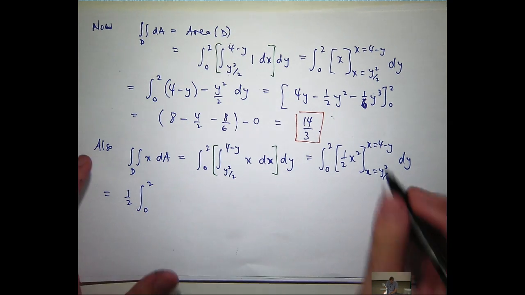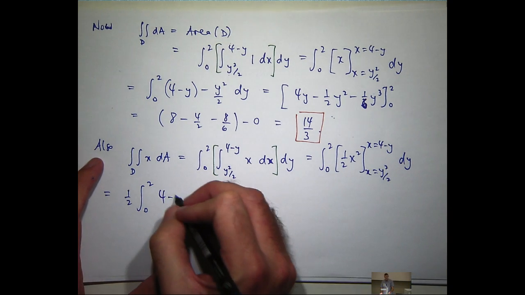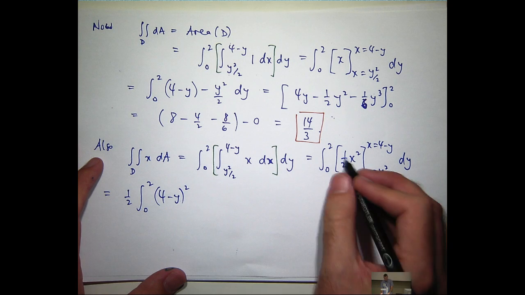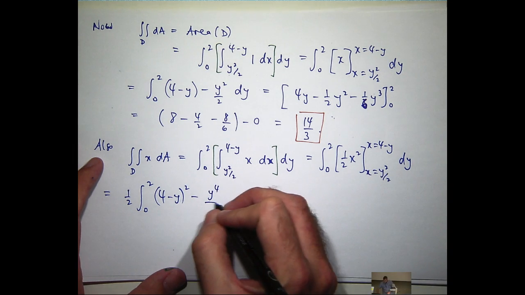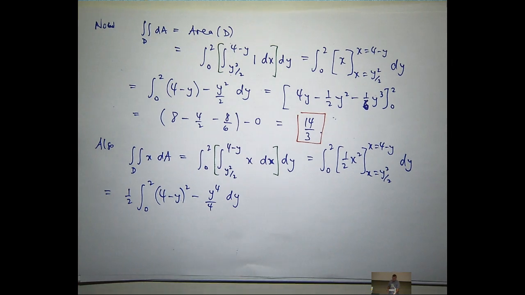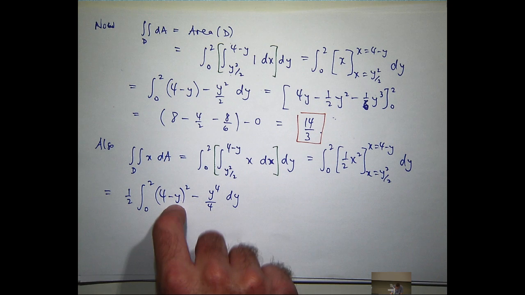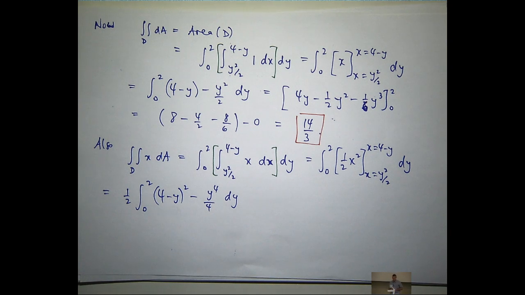When I sub in that, I'm going to get 4 minus y all squared, and I'm going to get y to the 4th on 4 dy. Now, it's tempting to expand this bracket. I'm not going to do it. You can integrate that straight away. You'll get a power 3, and you've just got to divide by negative 3.